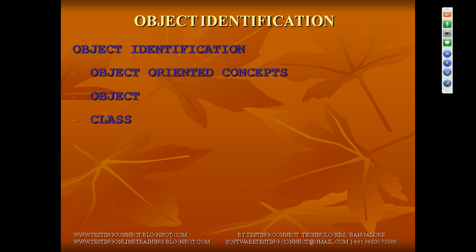A group of objects with similar properties is nothing but a class. If you take Testing Connect Technologies, they may be providing so many training programs, like Java, .NET, testing, Oracle apps. Everybody taking training from this institute has some properties, right?